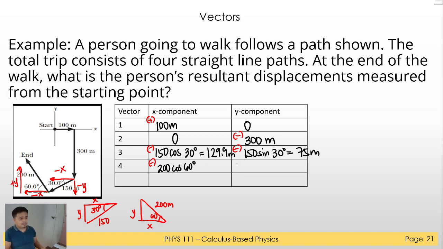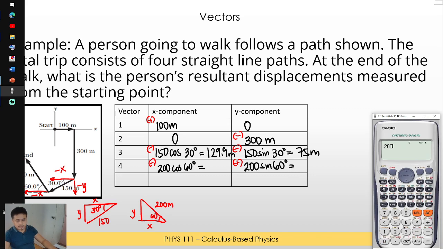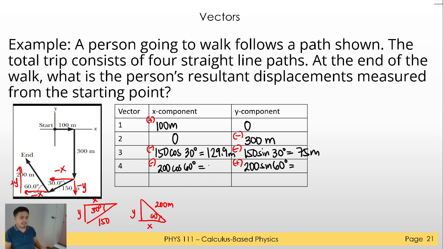For the y component, since this is positive, I won't write the sign down anymore. 200 sine 60 degrees. Evaluating with our calculators, 200 cosine 60 is 100, and 200 sine 60 is 173.2 meters.